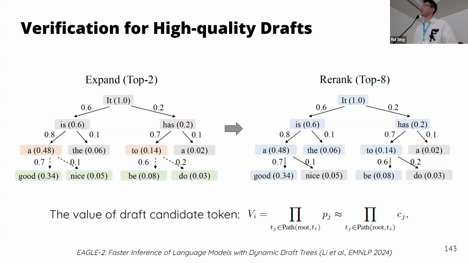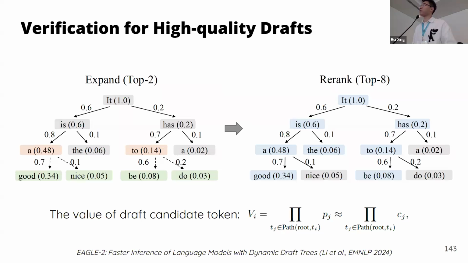So how can we estimate the value of draft tokens in the original tree? We just get the confidence of the draft model, and we take the product along the whole path from the leaf node to the root node. It is very simple, and then we can get the value of each draft token at each node.